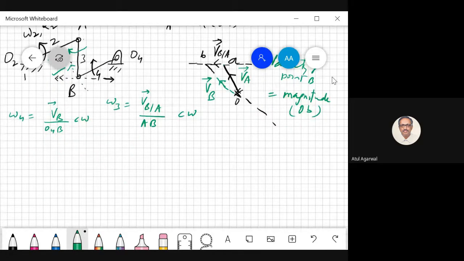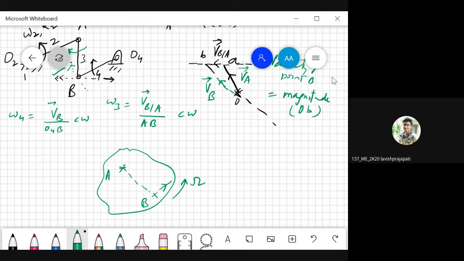Now you see this thing. This is your rigid body. You have got point A and point B. Now you see, rigid body has one angular velocity. If the observer is here, what will he say? Point B is going like this with respect to him. And what will point B say?